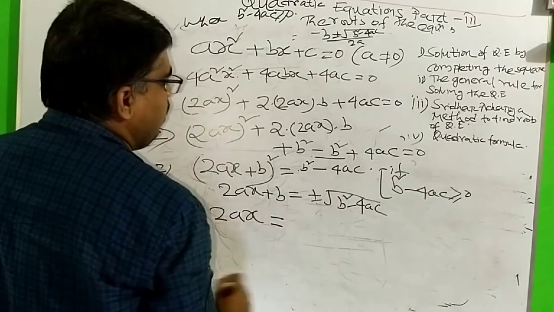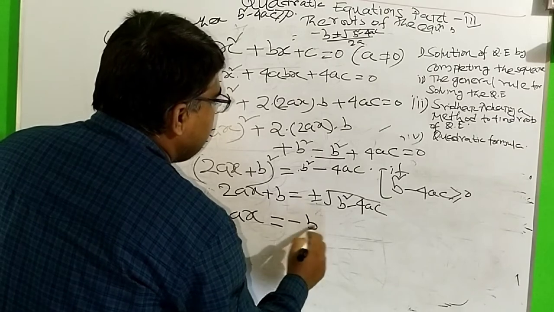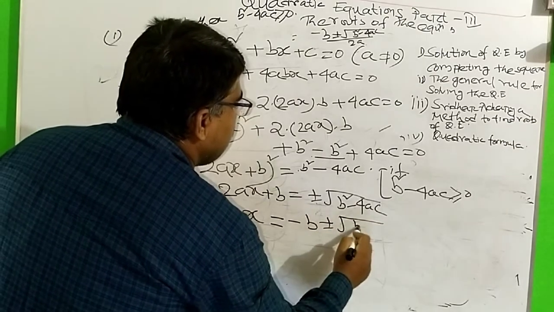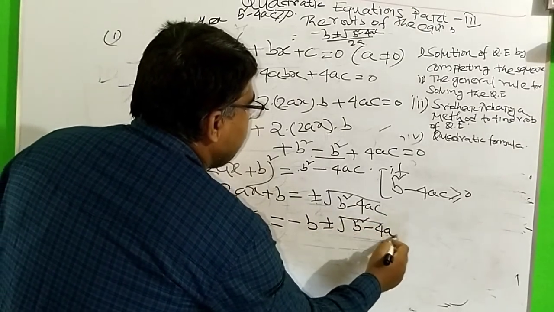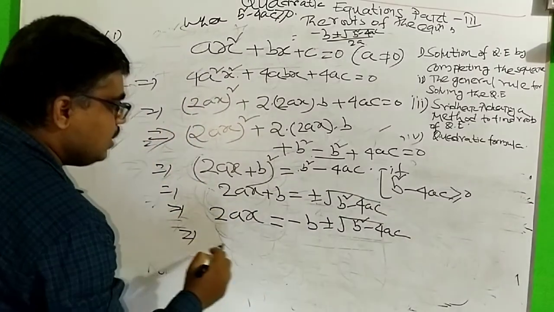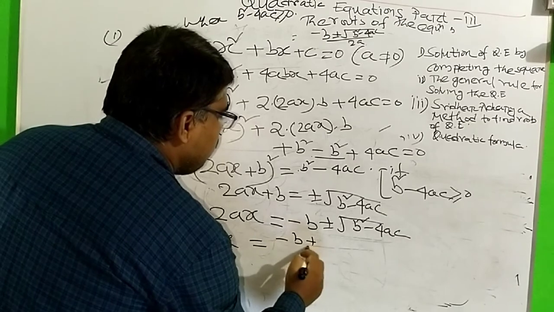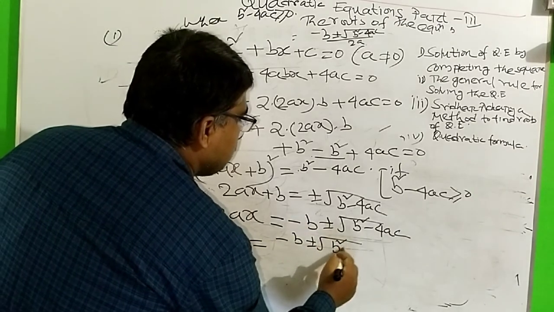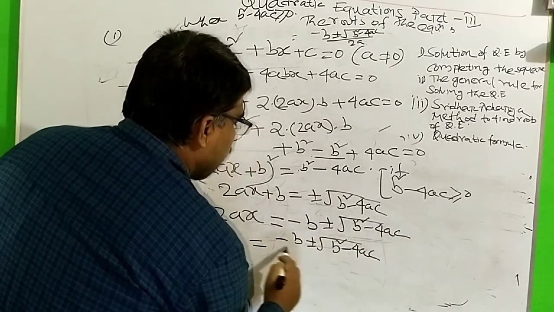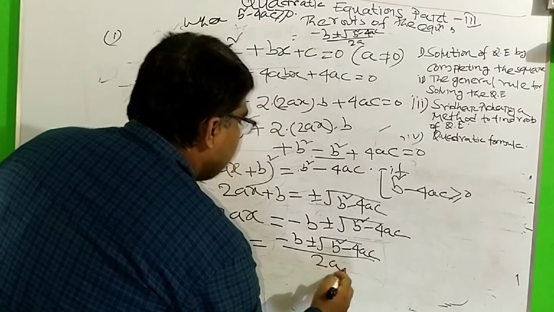2ax equal to minus b plus minus root over b square minus 4ac. This implies x is equal to minus b plus minus root over b square minus 4ac by 2a.